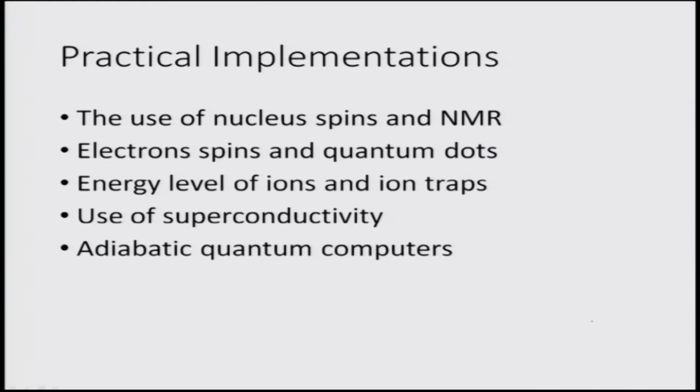One of the first successful implementations of quantum computing has been the use of nuclear spins, utilized in a machine known as NMR, the principle used for measuring or manipulating nuclear spins. It's known as nuclear magnetic resonance spectroscopy.